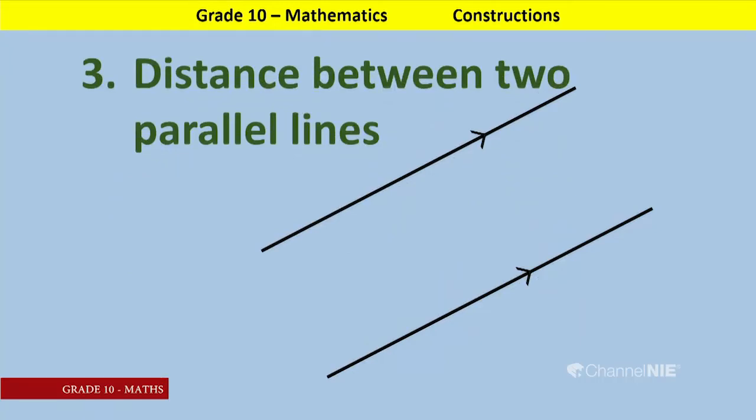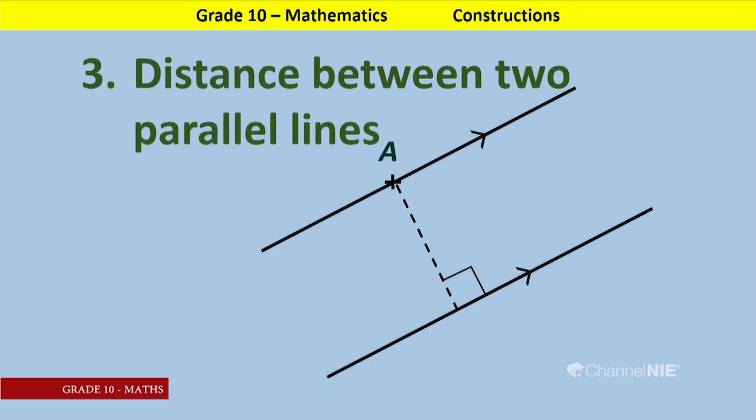Distance between two parallel lines. Let's take A on any point. This is the shortest distance between two parallel lines.